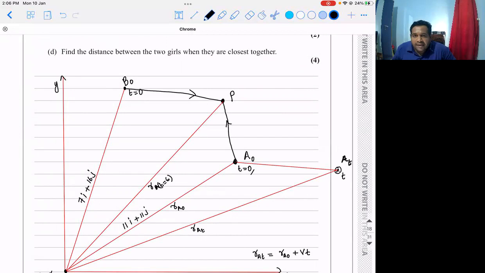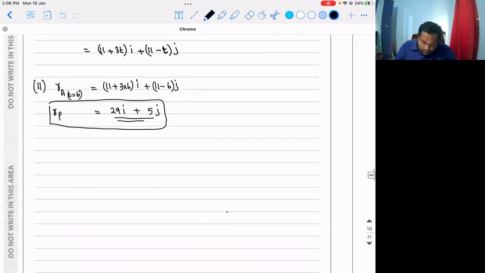So first of all, you calculate the general vector equation of the position of Bryony after t seconds. How will we find that? The position vector of B at t seconds is equal to RB0 plus the velocity of Bryony times t.